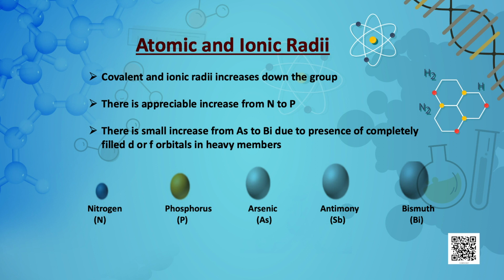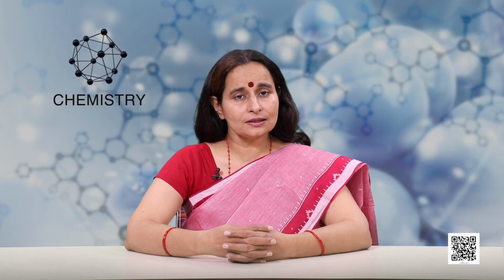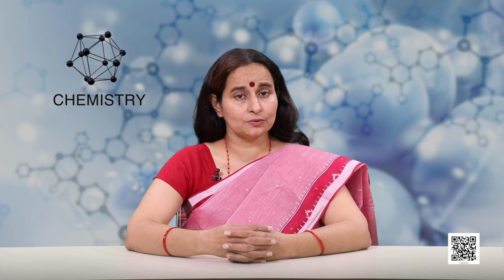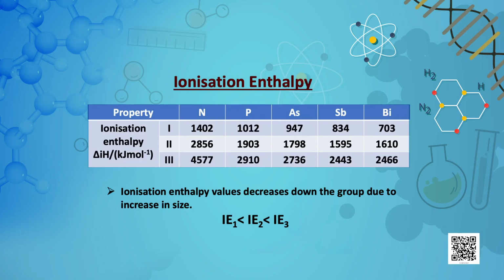This is due to the presence of completely filled d and or f orbitals in heavier members. There is a decrease in the ionization enthalpy down the group. Ionization enthalpy is the amount of energy required to remove a valence electron. As atomic size increases down the group, effective nuclear charge decreases, so ionization enthalpy also decreases.